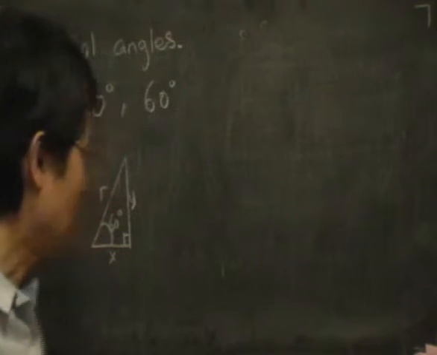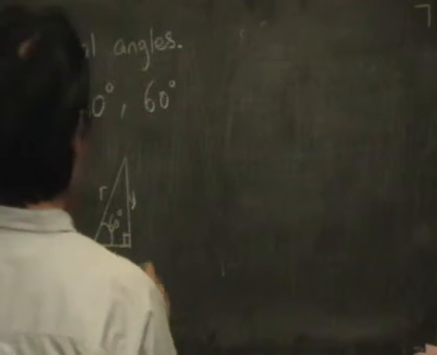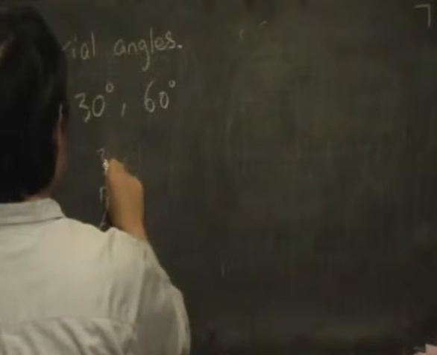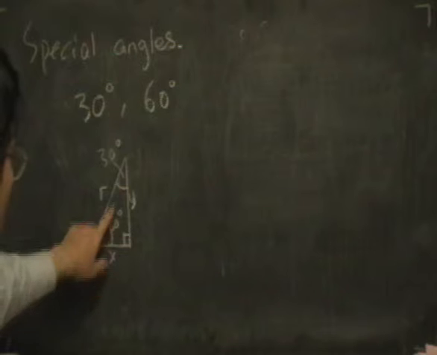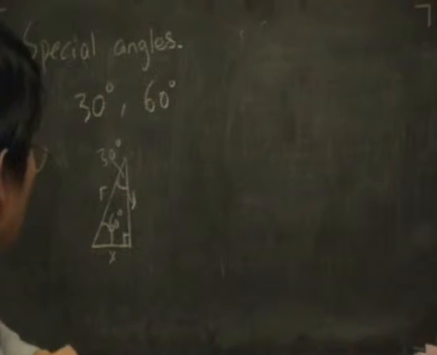The trick is this. Now, notice that angle is 30 degrees. Okay, 60 plus 30 is 90. So that's 30 degrees.